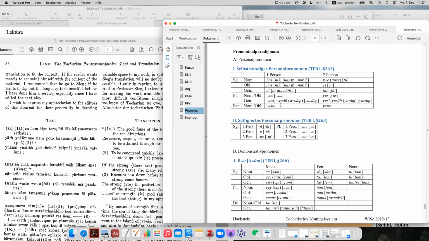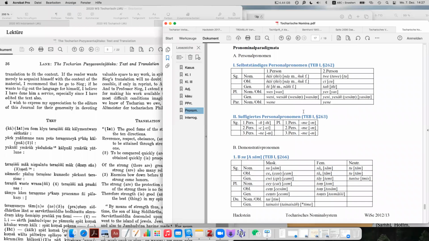And then pronouns. For the pronouns, we actually have two sets. The personal pronouns, I and you, plural, we and you, and then we have demonstrative pronouns. One special thing for the personal pronoun: in Tocharian A, there's a very special phenomenon, that we have a feminine first person.